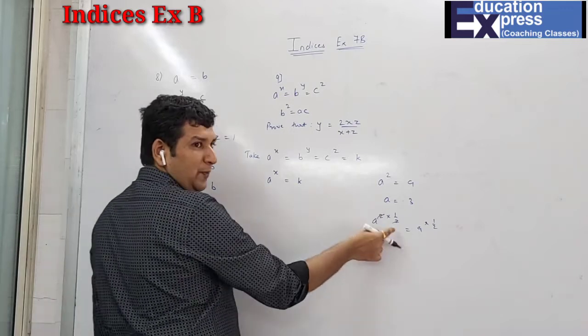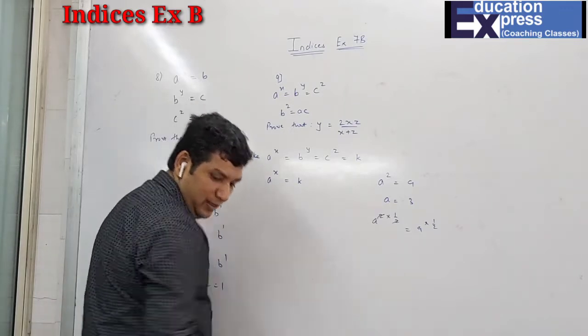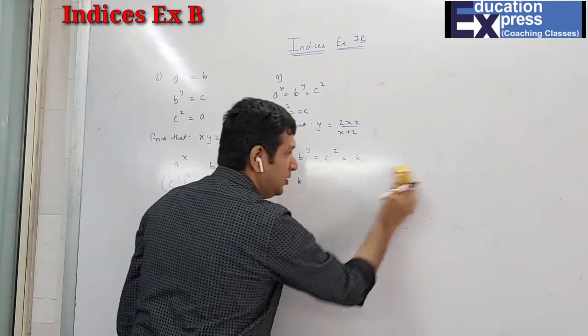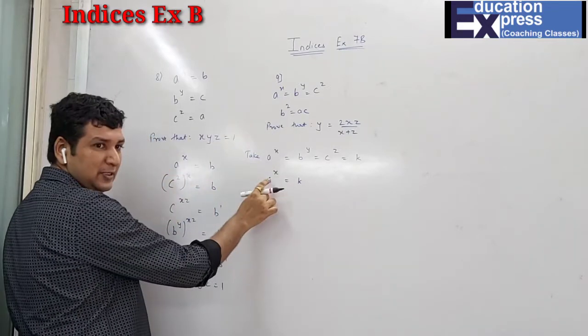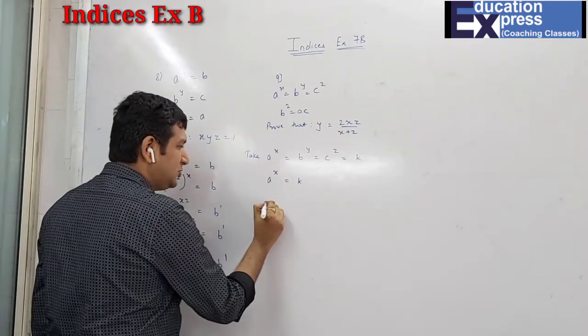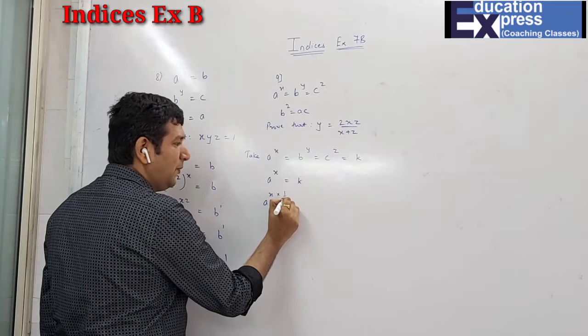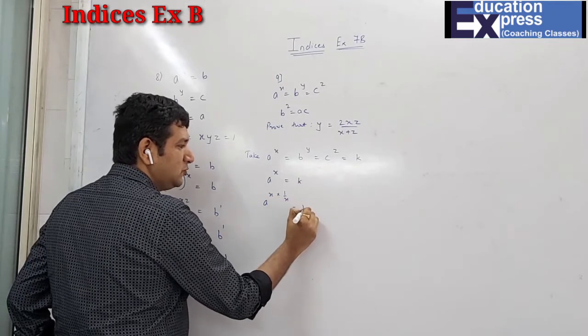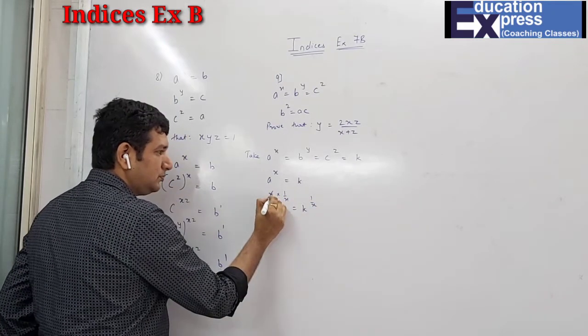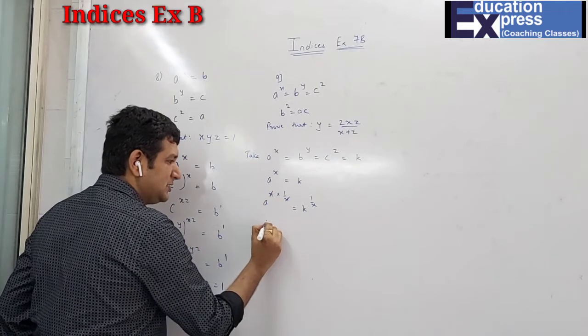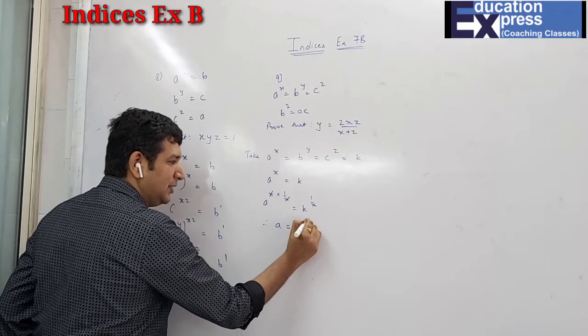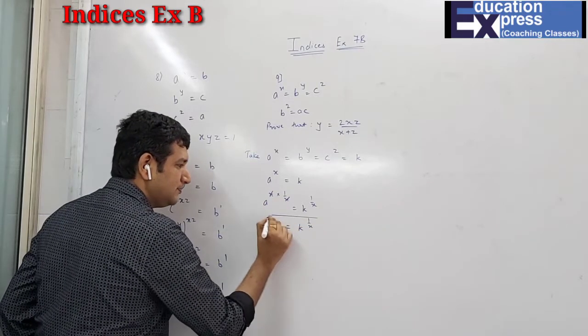Square root means 1 upon 2, cube root means 1 upon 3. So similarly here, what power do we have? x. So taking x root, x root means 1 upon x, equals to k raised to 1 upon x. That means the value for a is nothing but k raised to 1 upon x.